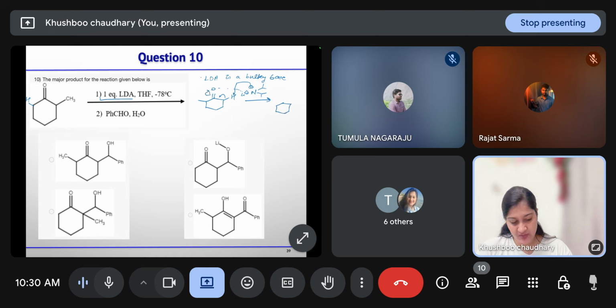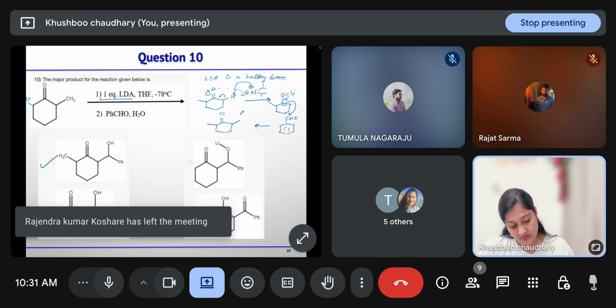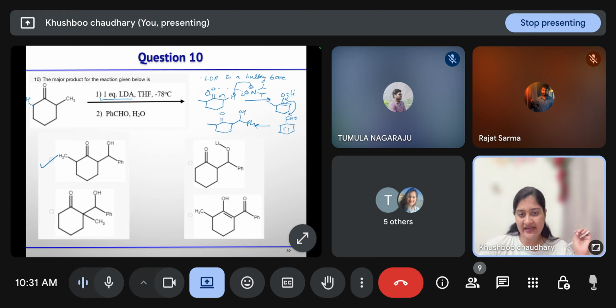So this lithium enolate will form. Then it will react with benzaldehyde to give you this product, a hydrated product. So you will get this OH and this Ph. Dehydration will not take place because LDA is bulky and it is not able to take the alpha proton further.